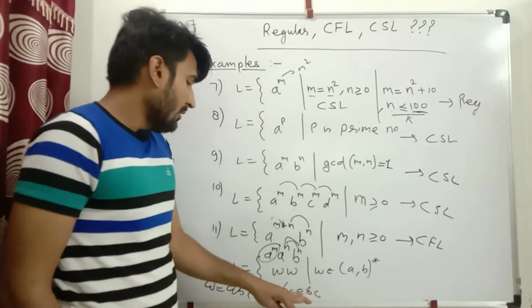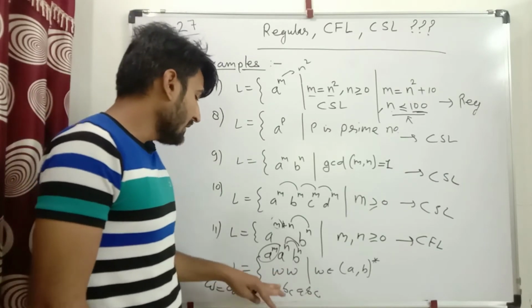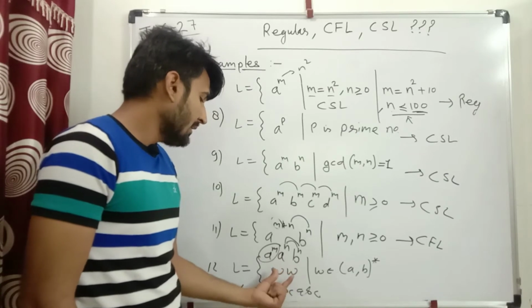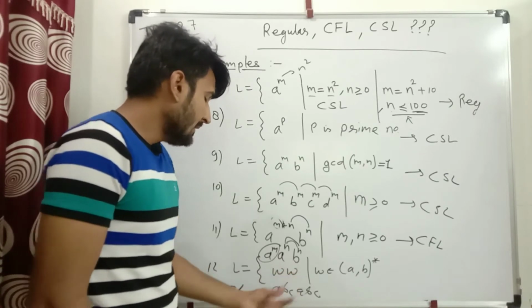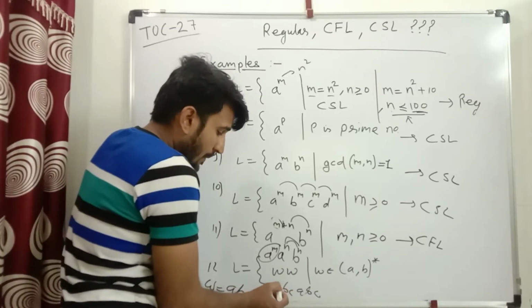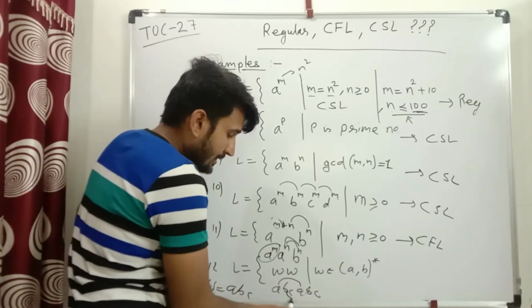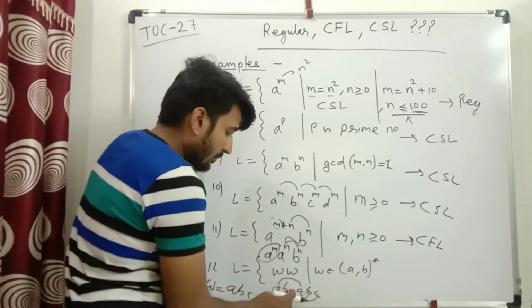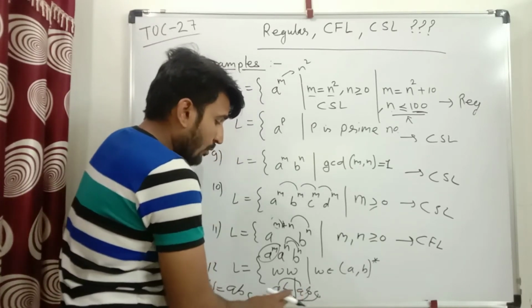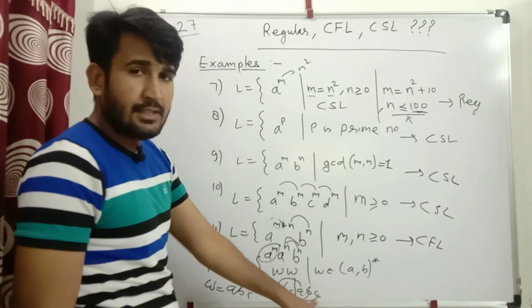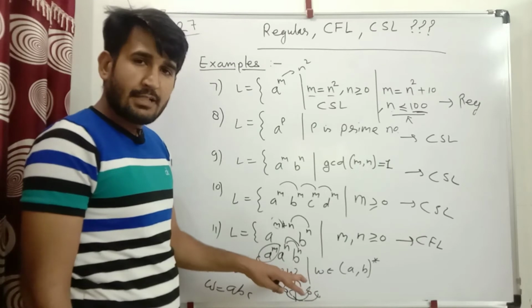This language checks whether the given string is in the pattern of WW or not. A should be comparable, B should be comparable, C should be comparable. Both halves of the string should be the same, ABC and ABC. This is called direct string matching.